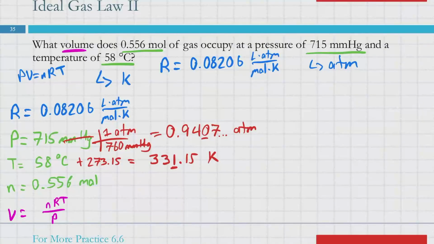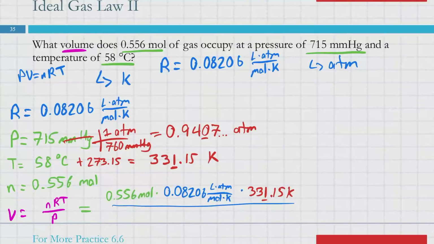All right, and then after that, all we have to do is plug stuff into our nRT over P that we figured out earlier. 0.556 moles times 0.08206 liters atmospheres per mole, also per Kelvin, times our temperature, 331 and some change Kelvin, all over 0.9407... atmospheres, checking that our units cancel out.